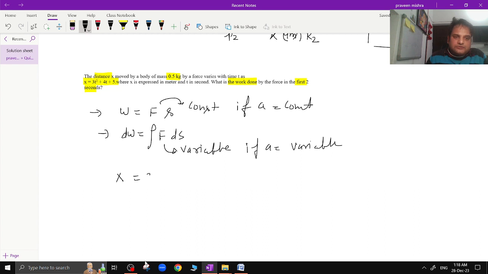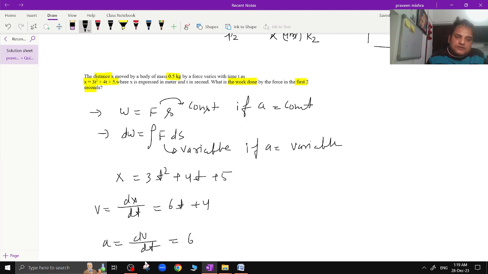So x equals 3t square plus 4t plus 5. First we take the differentiation dx over dt, which gives the velocity: 6t plus 4. Once again take another derivative, dv by dt. This is 6 only, that is 6 meter per second square, meaning acceleration is constant, and preferably we will use this equation.